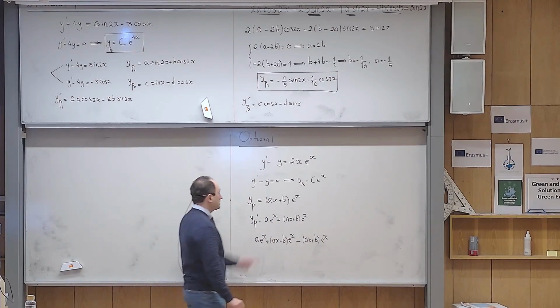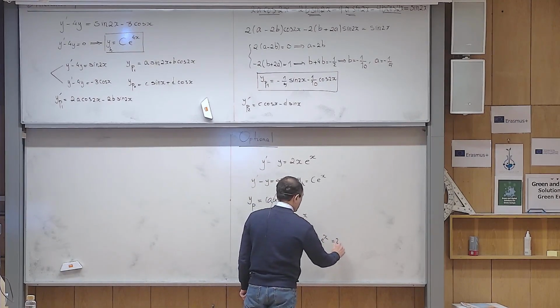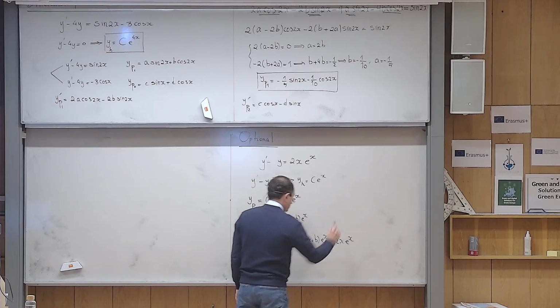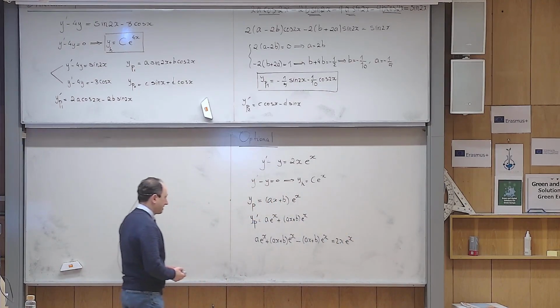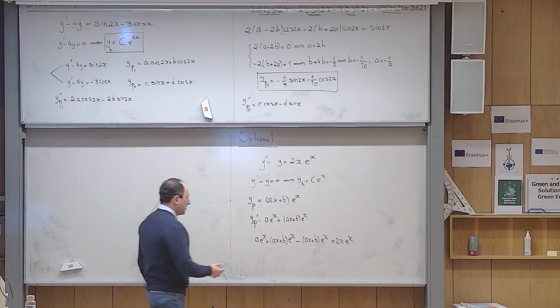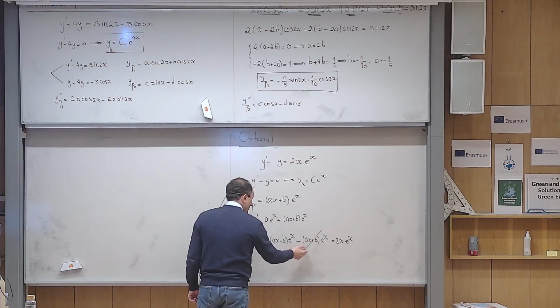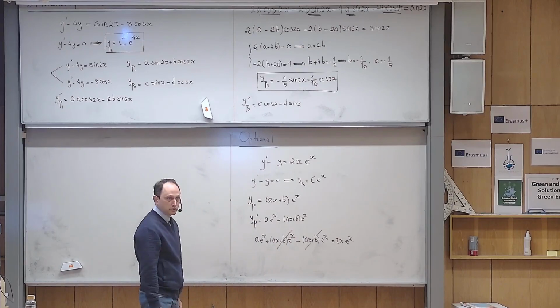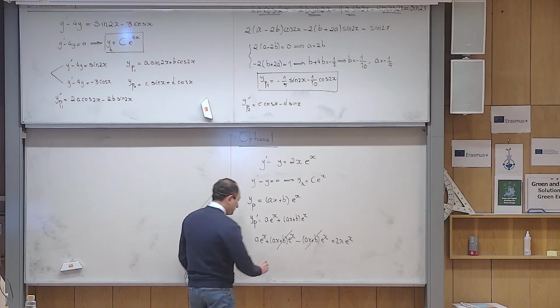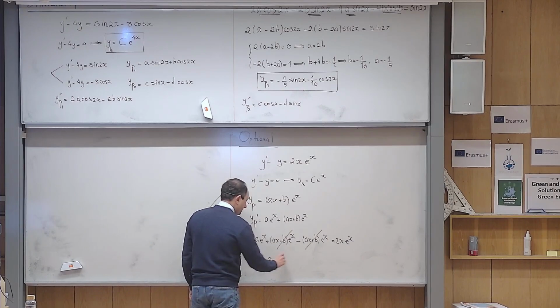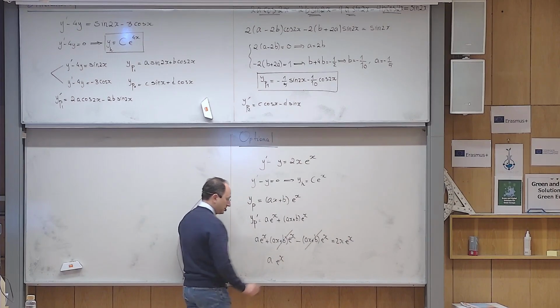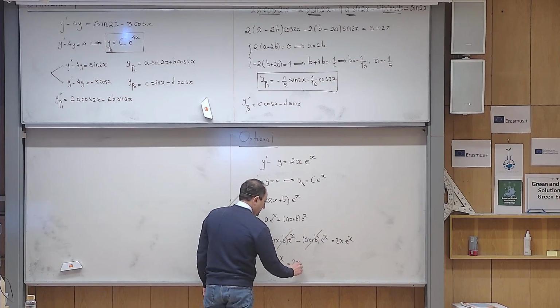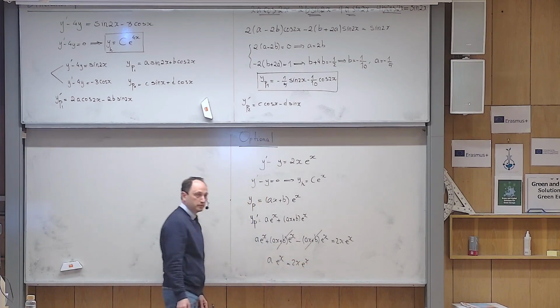And then it is supposed to be equal to the right-hand side. So now what happens is this one and that one are gone. Yes, and then I am in trouble, because what is left for me is a e to the x. I want to force it to become equal to 2x e to the x. But this is not possible.